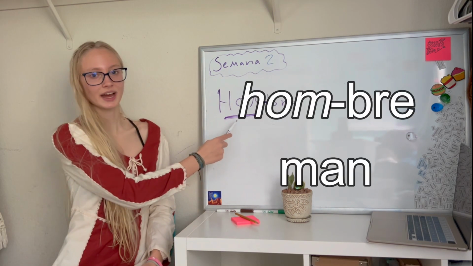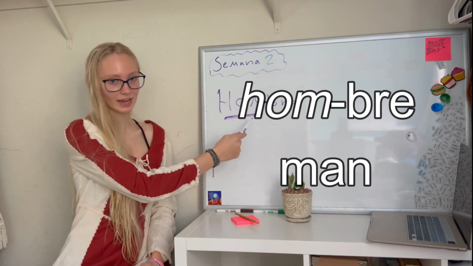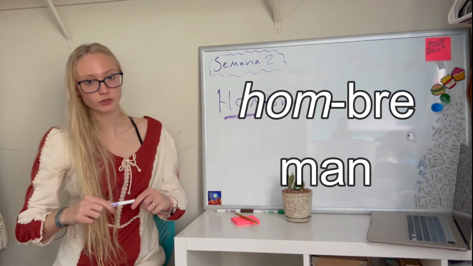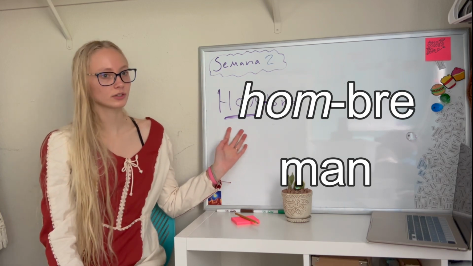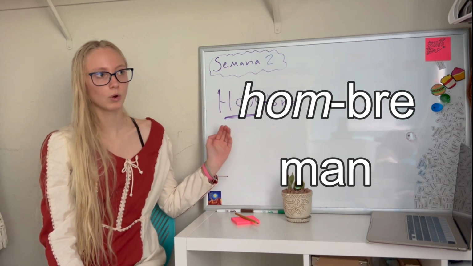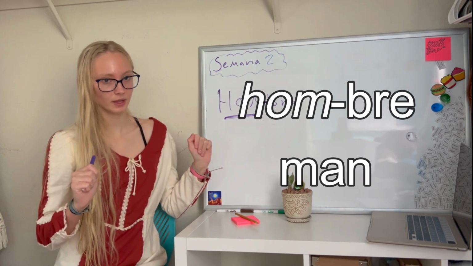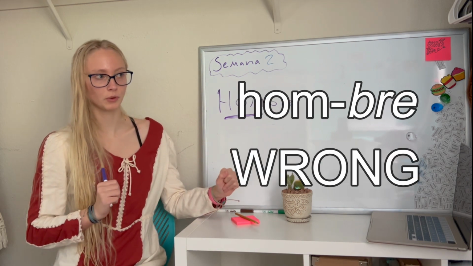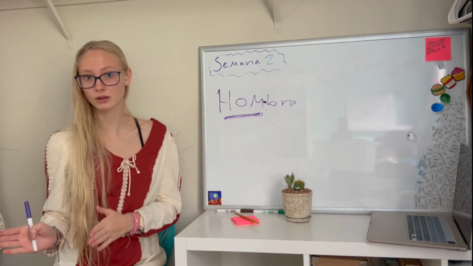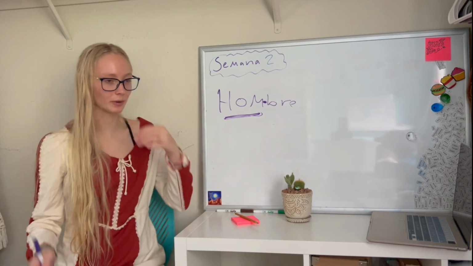This syllable is accented, even though there's no accent mark. And I'm going to show you what it sounds like when the other one is accented. It's going to be hombre, hombre. Slight difference, but you're going to get used to it.